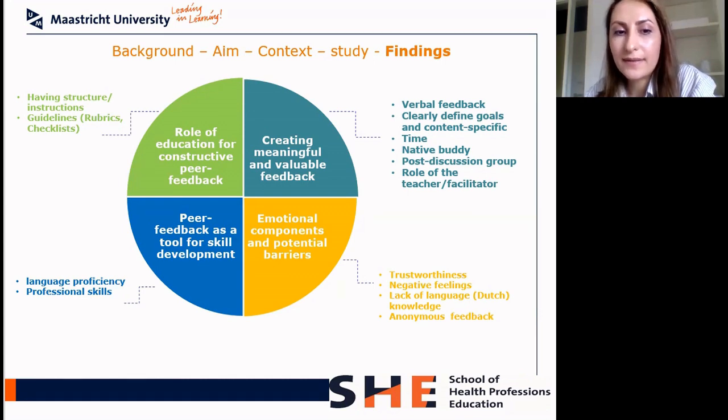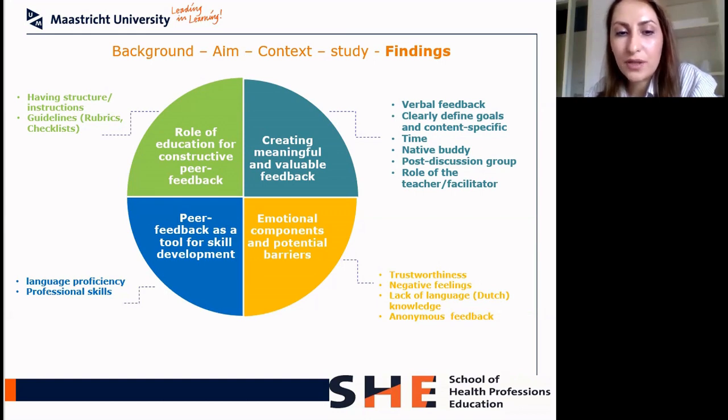They identified several factors of peer feedback that could make it meaningful and more valuable, such as verbal feedback, clearly defined goals and content specific, native buddy, post-discussion group, and role of the teacher and facilitator.